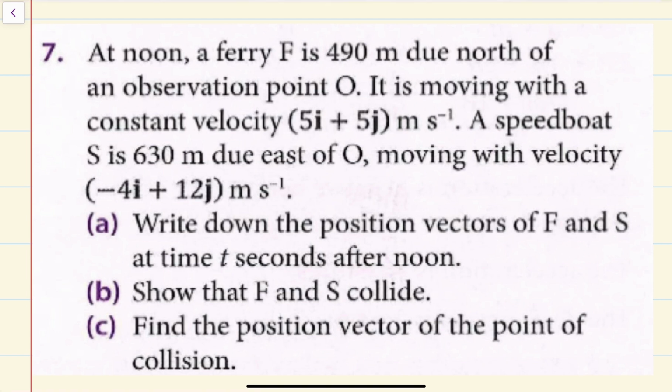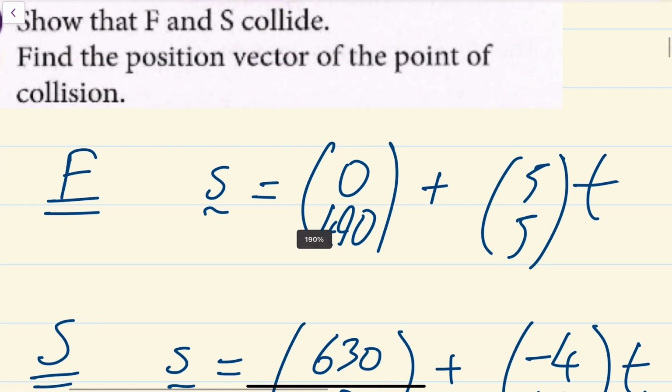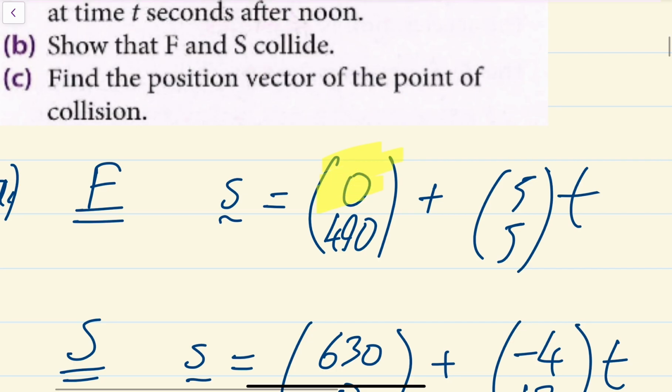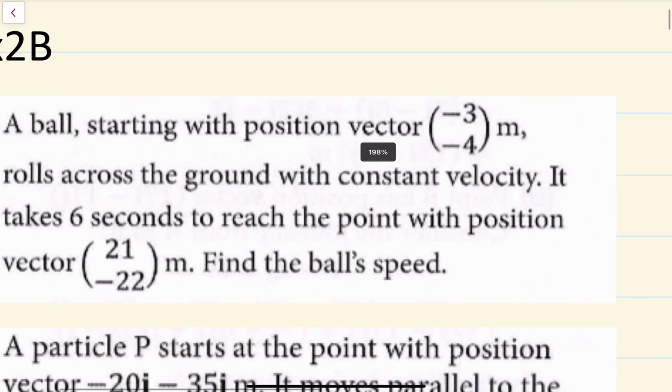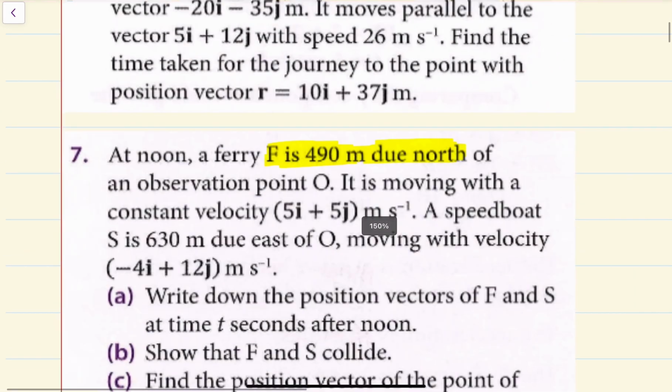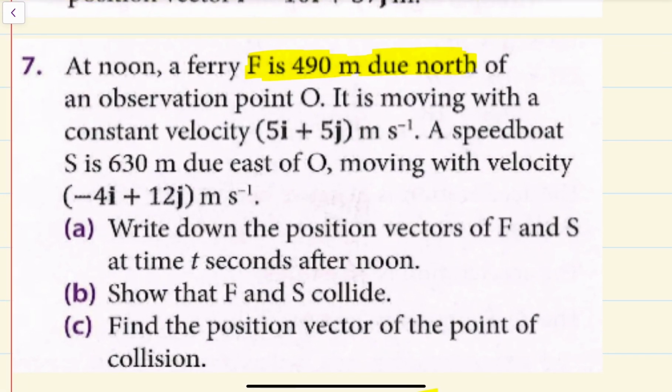Okay, first thing, it says F is 490 meters due north of the observation point. So that is the first thing I've done here. So for F, 490 meters due north means I've got no horizontal direction, so 0i, but I have 490j. And it is moving with a constant velocity of 5i plus 5j.